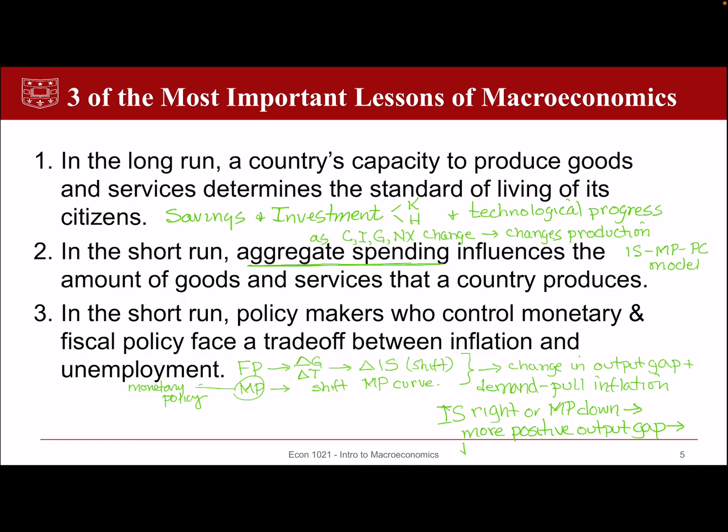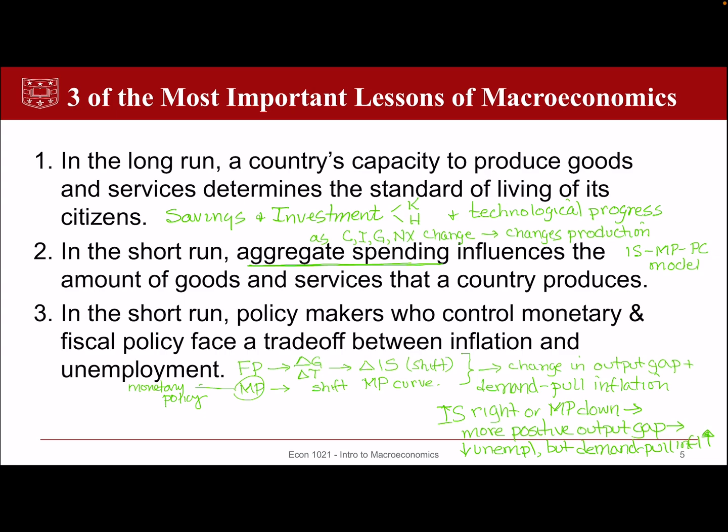It's going to imply a decrease in unemployment, but demand-pull inflation. That raises the overall rate of inflation, and then vice versa.